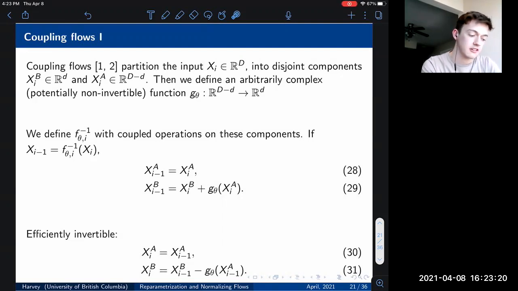Essentially, they take their input, x_i, which is some big D-dimensional vector, and partition it into two disjoint components: x_i^A, which has dimension D minus d, and x_i^B, which has dimension d. And then we define some very complex function, which does not need to be invertible, g_theta, which maps from component A to something the size of component B.